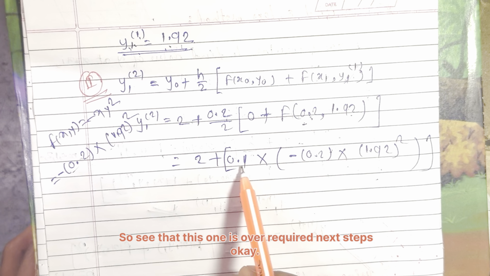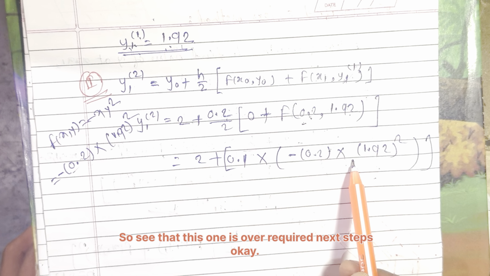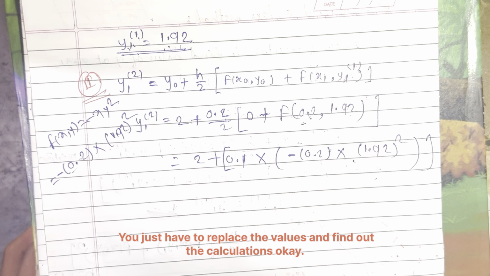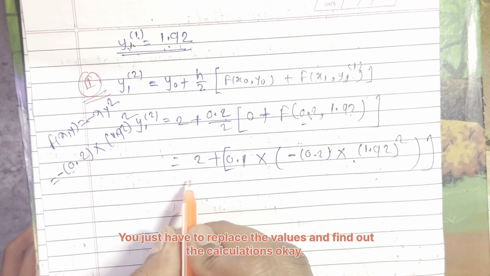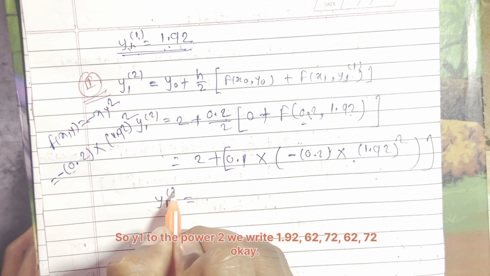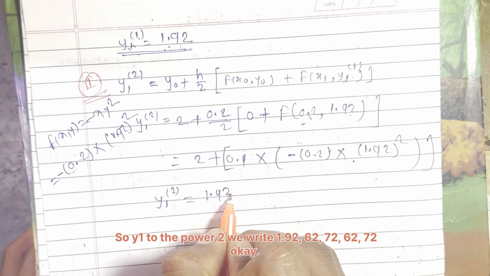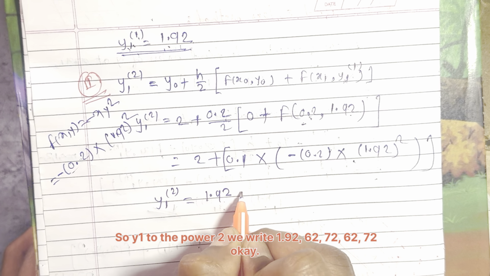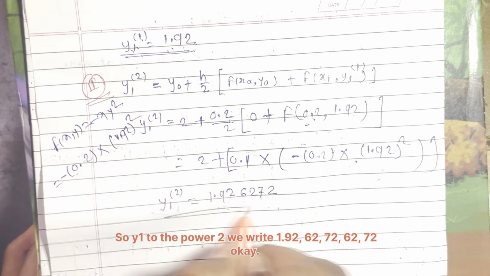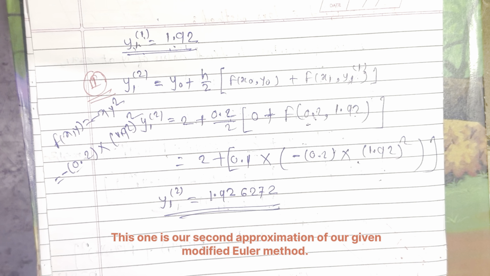This is our required next step. You just have to replace the values and find out the calculations. So y1 to the power 2 we write as 1.9272. This one is our second approximation of our given modified Euler method.